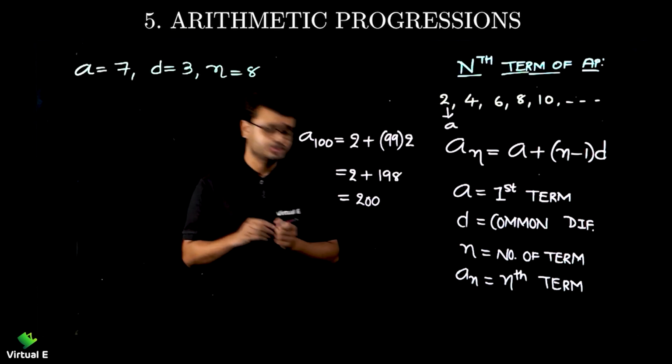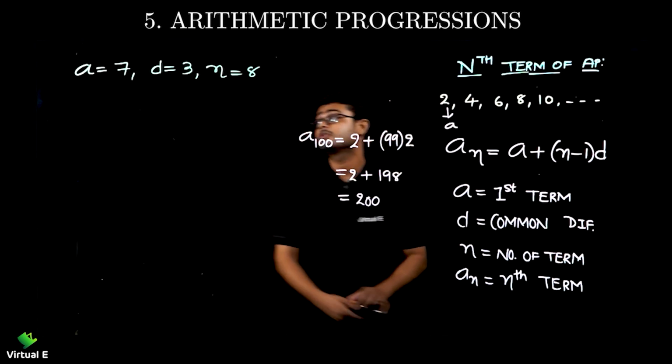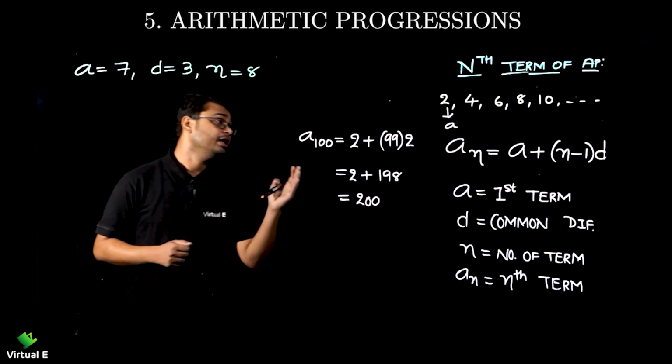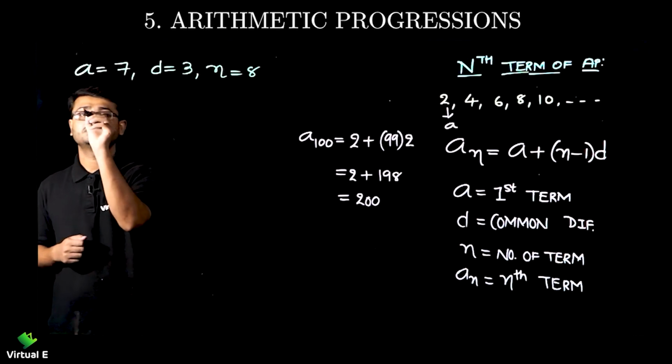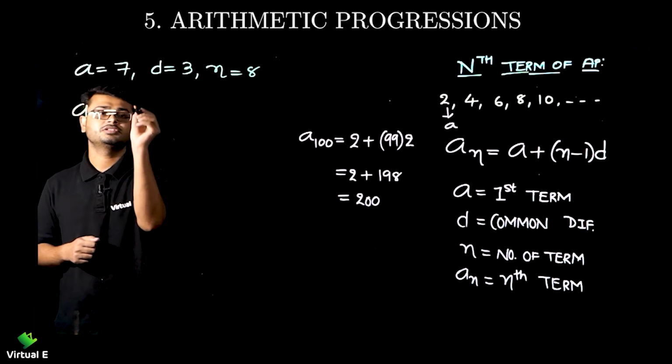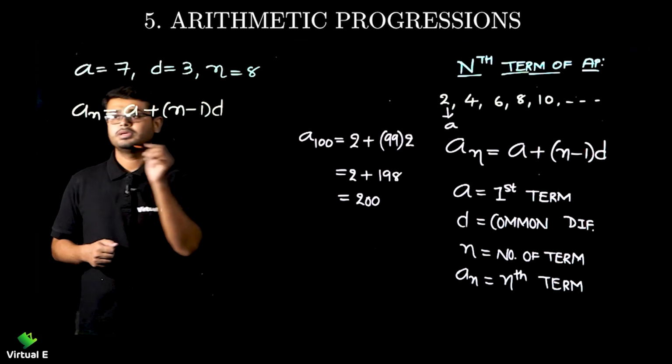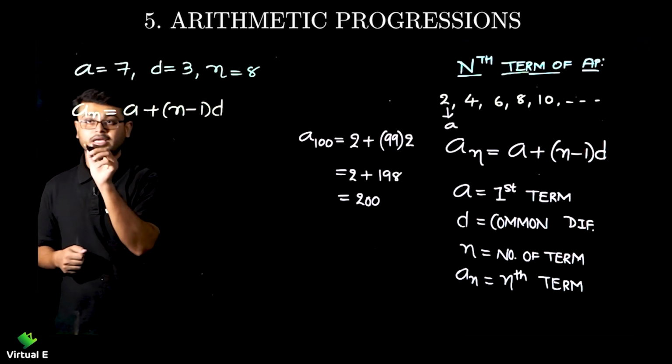Very simple. Let's do one question here as well. We have a is equal to 7, d is equal to 3 and n is equal to 8. We need to find a8. See, an is equal to a plus (n minus 1) into d. Now the n value is 8.